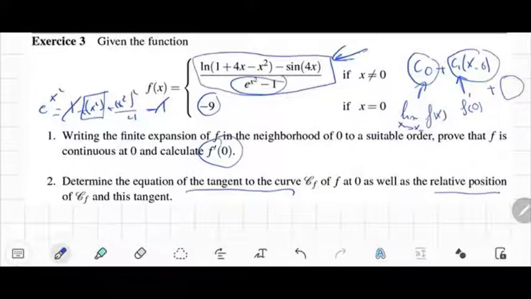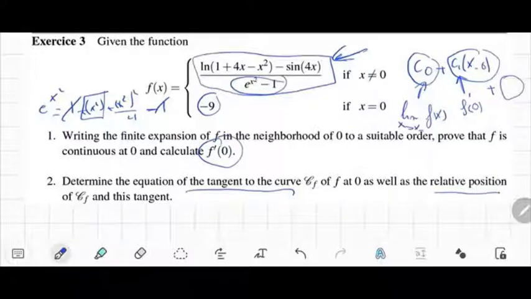So you have the denominator that starts by x². That's why if you want the finite expansion to be to the order 2, you have to push it to the order 4 in the numerator and then in the denominator in order to have x² at the end. So this is the rule. If the denominator starts by an order k and you want an expansion to the order n, then you need to push the expansion of the numerator and the denominator to n plus k. So finally we'll do the expansion to the order 4.